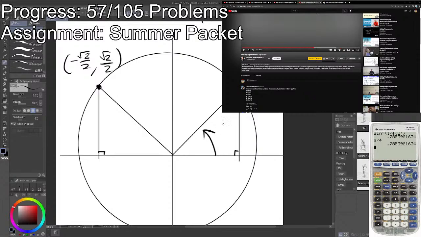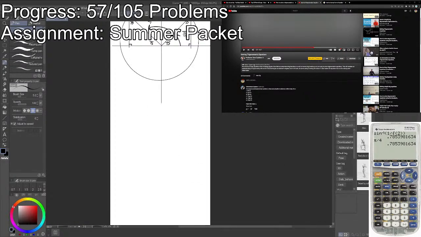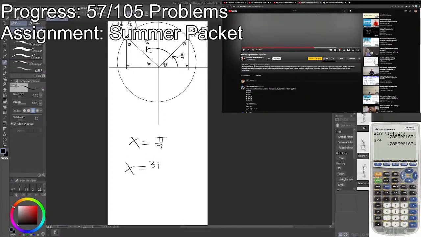So from here to here we know it's pi over 4. From all the way over this one it's 3 pi over 4. To be 45 again. Write it down here, x equals pi over 4, x equals 3 pi over 4 plus 2 pi n.